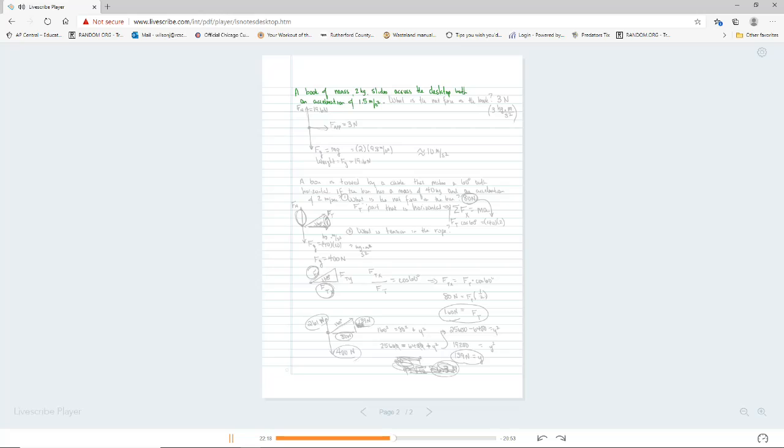Meters per second per second. Yes, oh sorry. Yeah, it'd help if you could see that, right? What is the net force on the book?